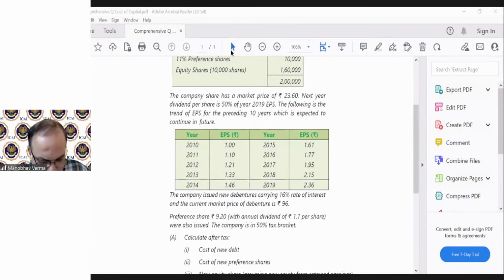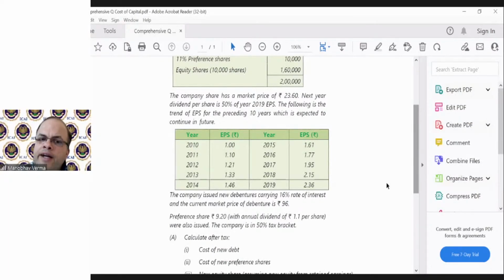Okay, let me see what the responses are. People are giving me 8.33 or 16% as well. Okay, guys, those of you telling me 16%, I hope you are taking care of the tax part. There is a tax element also. 50% tax bracket.